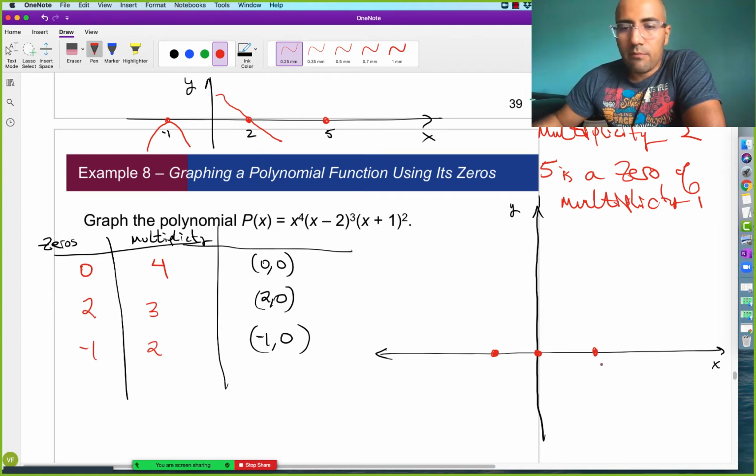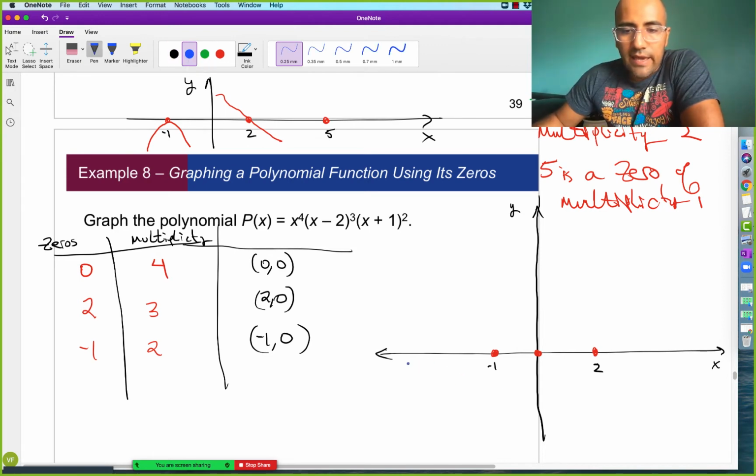This breaks up our number line into 1 zone, 2 zones, 3 zones, 4 zones. So I need some test points so that I can figure out what the graph is doing in each one of those sections. This one was -1, 0, and +2. So let's pick a test point. It doesn't matter, as long as it's a nice simple one from each zone.